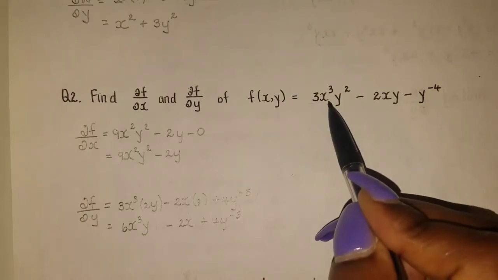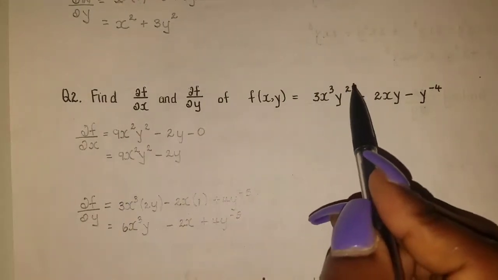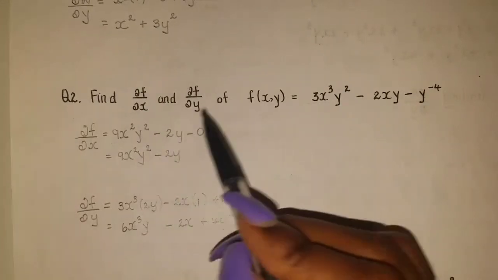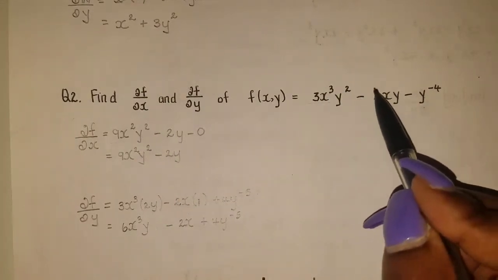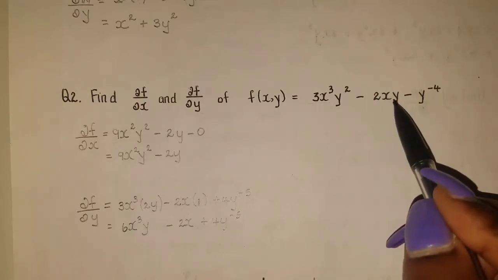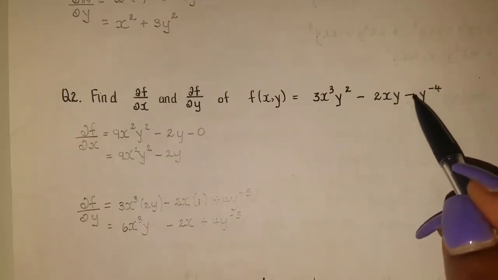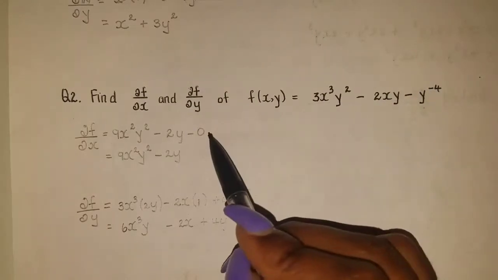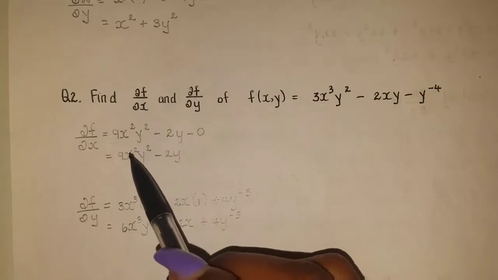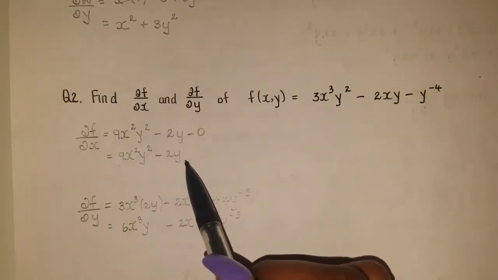This 3x cubed will give us a 9x squared, and we multiply by the y squared coefficient. This negative 2x will give us a negative 2, and we multiply by the y coefficient. Here there is no x, so it's simply 0. So giving us an answer, 9x squared y squared minus 2y.